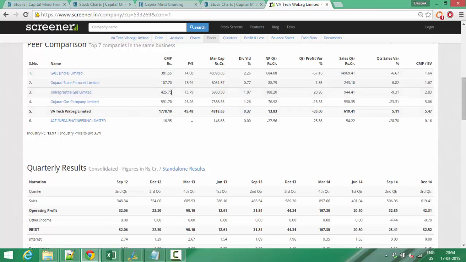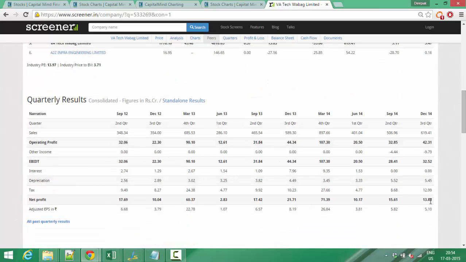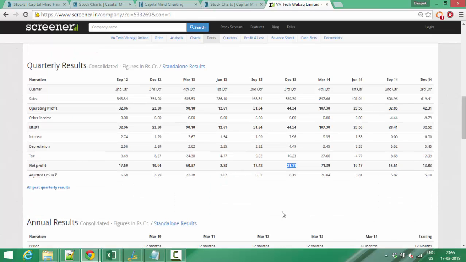We don't know if this is the exact set of competitors they have, but largely it's in the gas business. Its quarterly earnings on the EPS side aren't looking very interesting because it was 21, it's down to 13, from 44 crores of EBITDA to 32 crores. Sorry, the net profit is down a little bit, and we've got an EPS that's down.